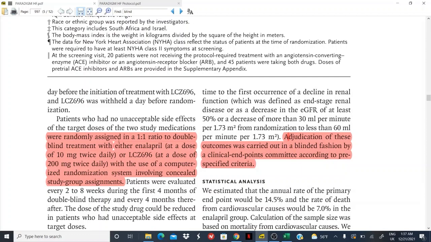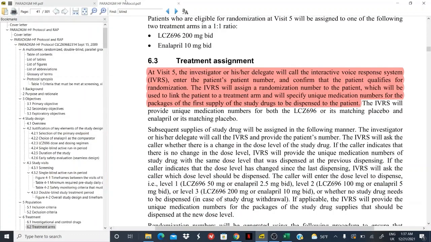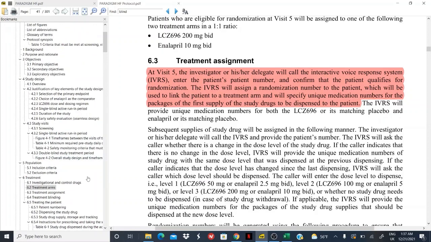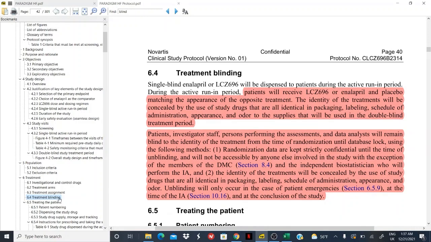And so if you want to take a deeper look at how the blinding was done, it's generally a good idea to go over to the protocol, and under treatment section number 6, there should be a section dedicated to the blinding process, so 6.4, right?